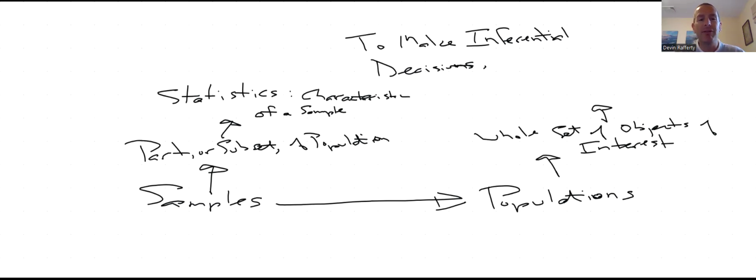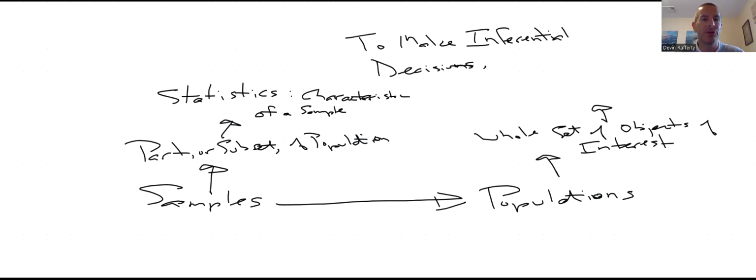If you look at the average speed that the Subarus are going on the New Jersey Turnpike, that would be a characteristic of a sample. Let's say that on average, the Subarus are driving 70 miles an hour. If they're driving 70 miles an hour, that is a characteristic of your sample.